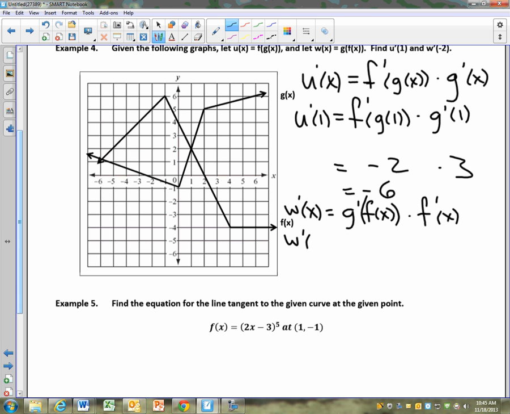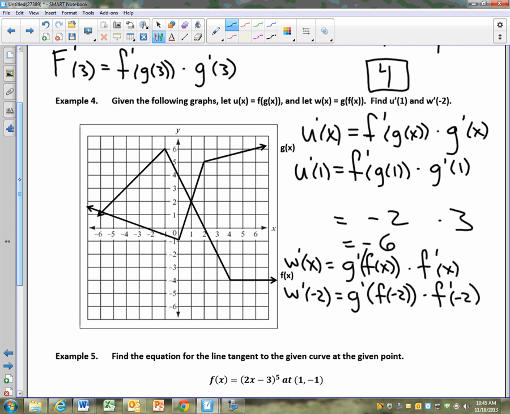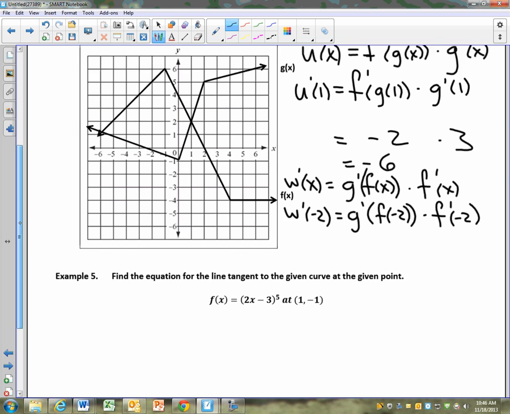Or w prime of negative 2 is equal to g prime of f of negative 2 times f prime of negative 2. Because by definition up here it says let w of x equal g of f of x. So that's why we switched it.